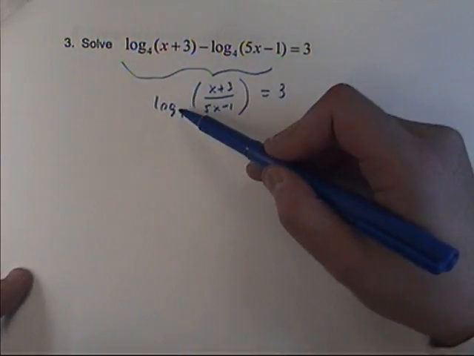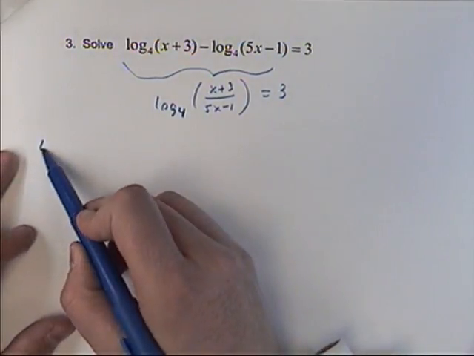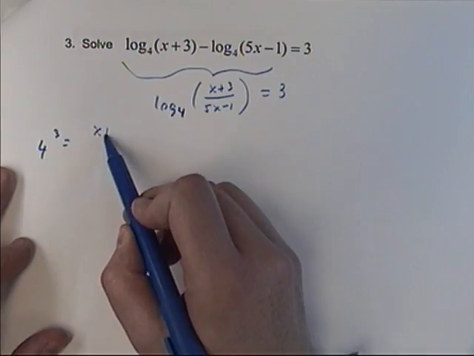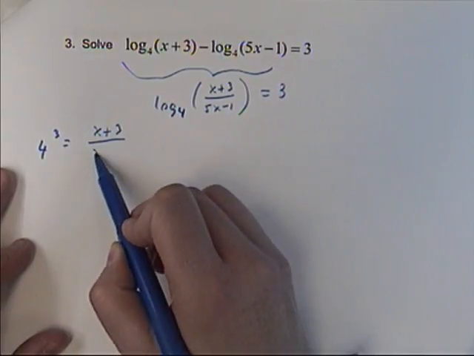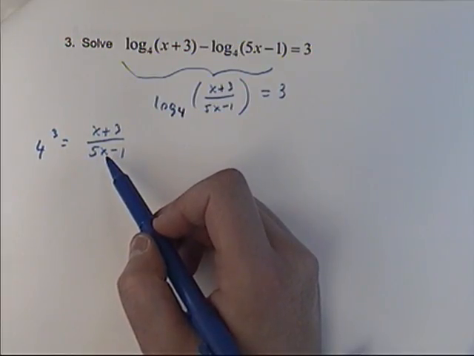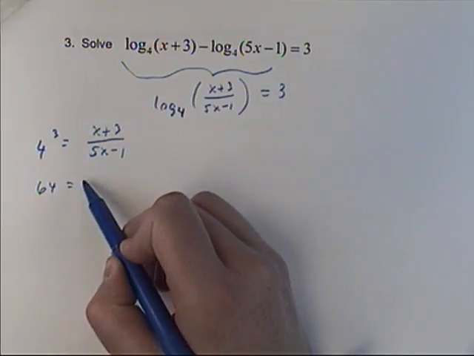And then we'll use our exponential form. So that would be 4, I'm going to move it over here, 4 to the third power equals (x plus 3) over (5x minus 1). Now 4 to the third power, 4 times 4 is 16, times 4 again is 64.